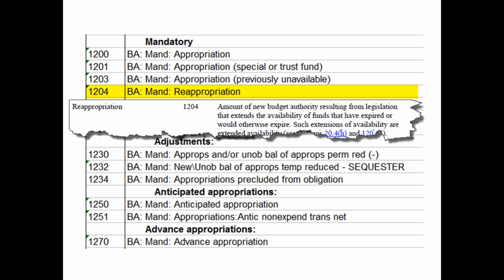Primarily, I want to draw a contrast between the use of this line and line 1012, transfers between expired and unexpired accounts. Recall that line 1012 is used when authority exists prior to the transfer to transfer expired balances to an unexpired account, thus avoiding a scoring hit.